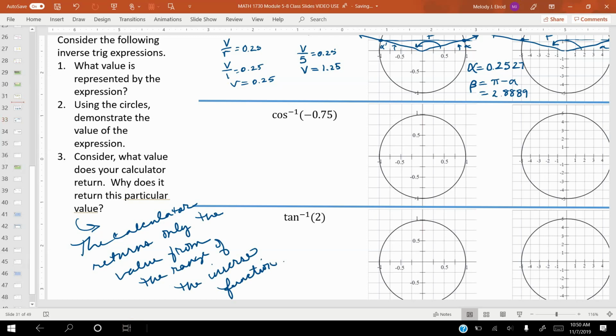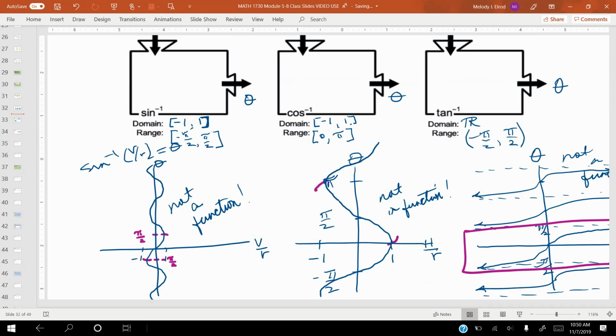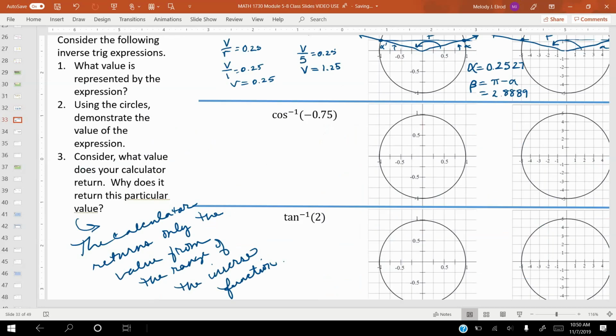So if we go back here and look at the ranges of those inverse functions, remember we defined that inverse sine can only go from negative pi over 2 to pi over 2, which means if we have a problem that's asking us about the first and second quadrants, it can only return the value in the first quadrant, and we have to use what we know about the angles to figure out the value in the second quadrant.